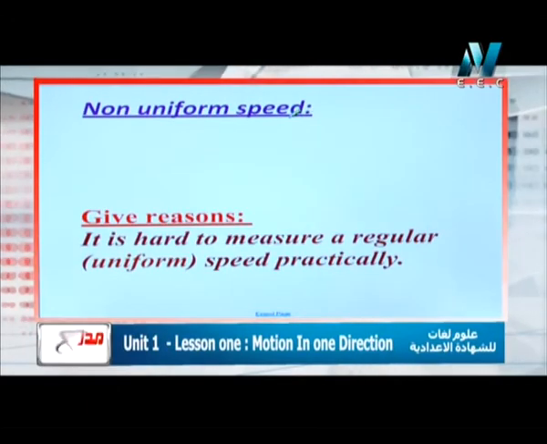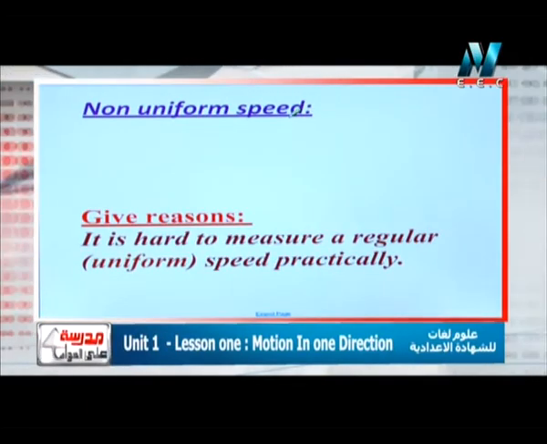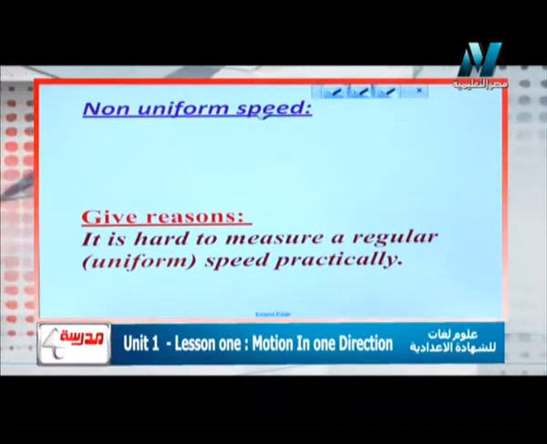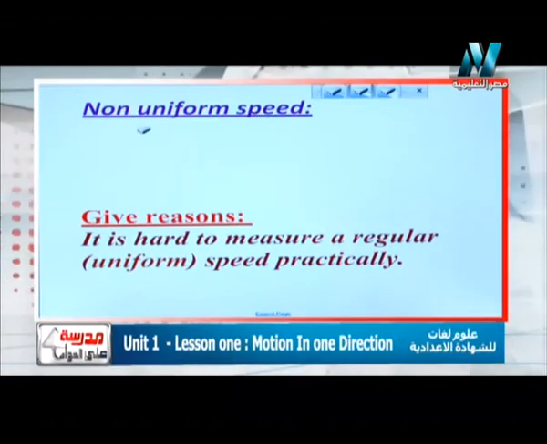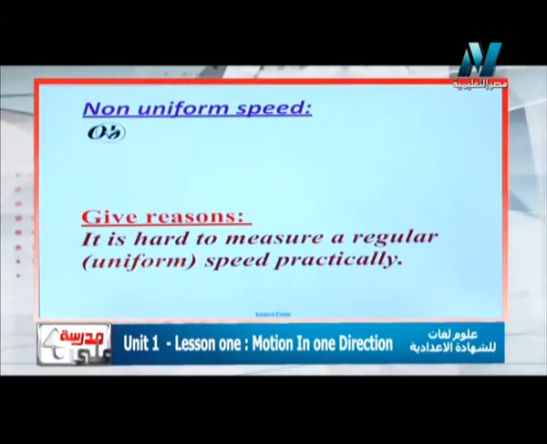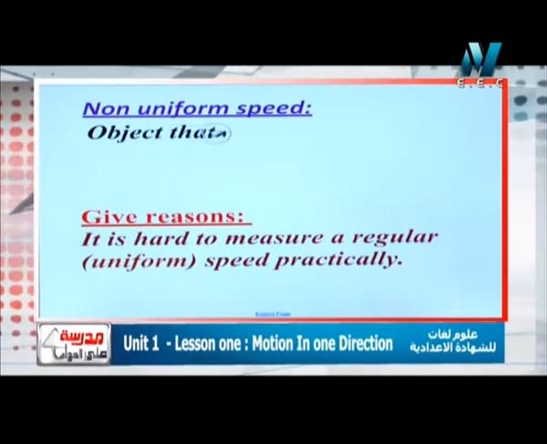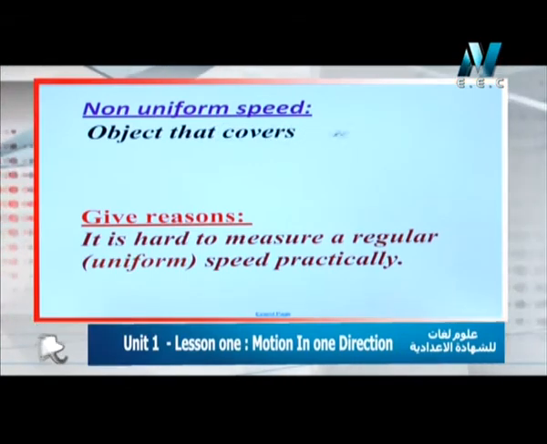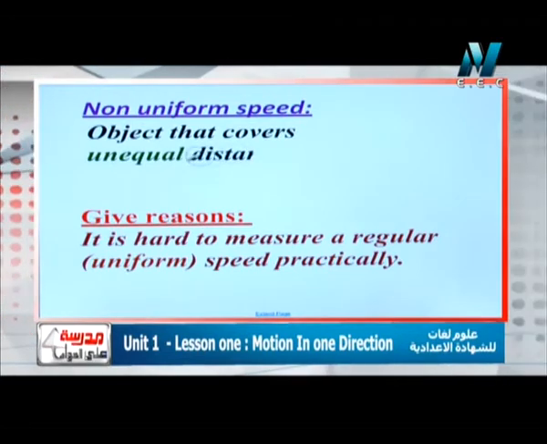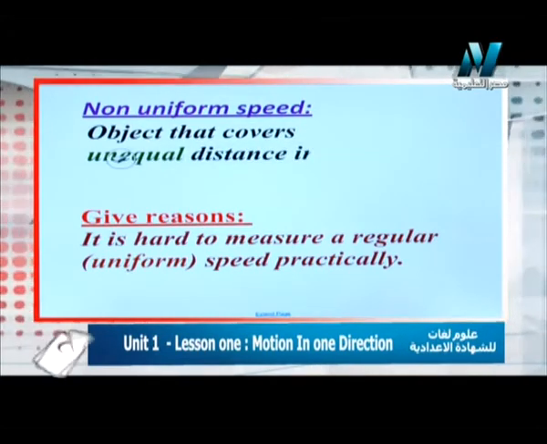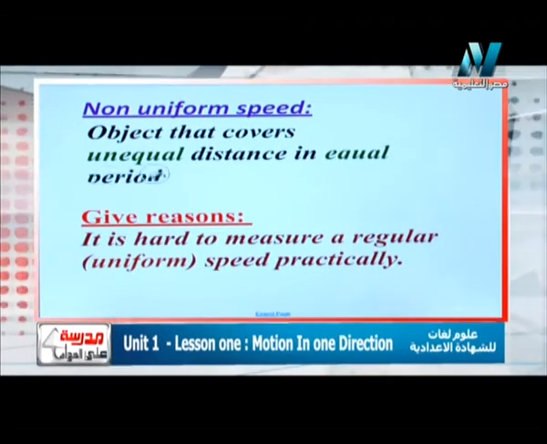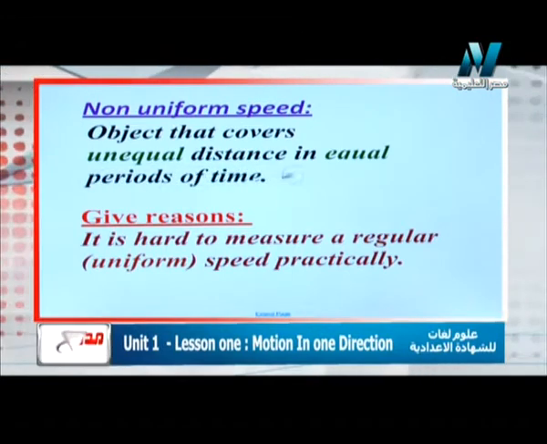Why? The body may cover equal distance, but in equal periods of time, surely at least one of them will be unequal. So why is it non-uniform? Because the object covers unequal distances in equal periods of time.